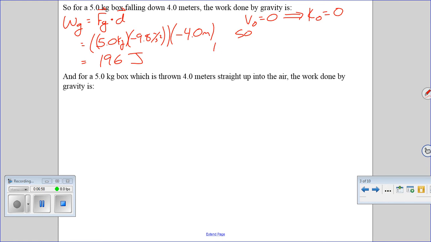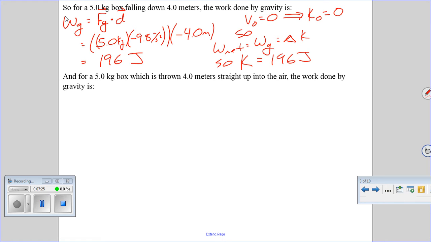So my work net is equal to my work done by gravity, which is equal to my change in kinetic energy. So my kinetic energy final, I'll just put K instead of final, because we've been using K0 and K, right? Does that make sense? Okay.